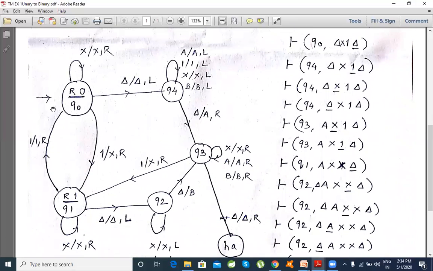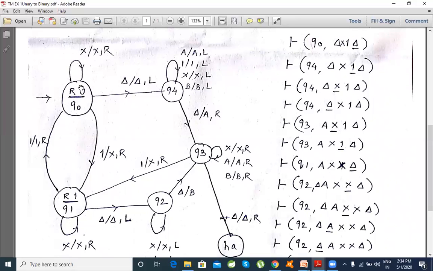This is the circular motion of your Turing machine moves. So for the first one we cross, we move to the next. For the next one we retain it as it is. If the third one comes, we'll cross it again, and for the fourth one we keep it as it is and go towards the change of the state.